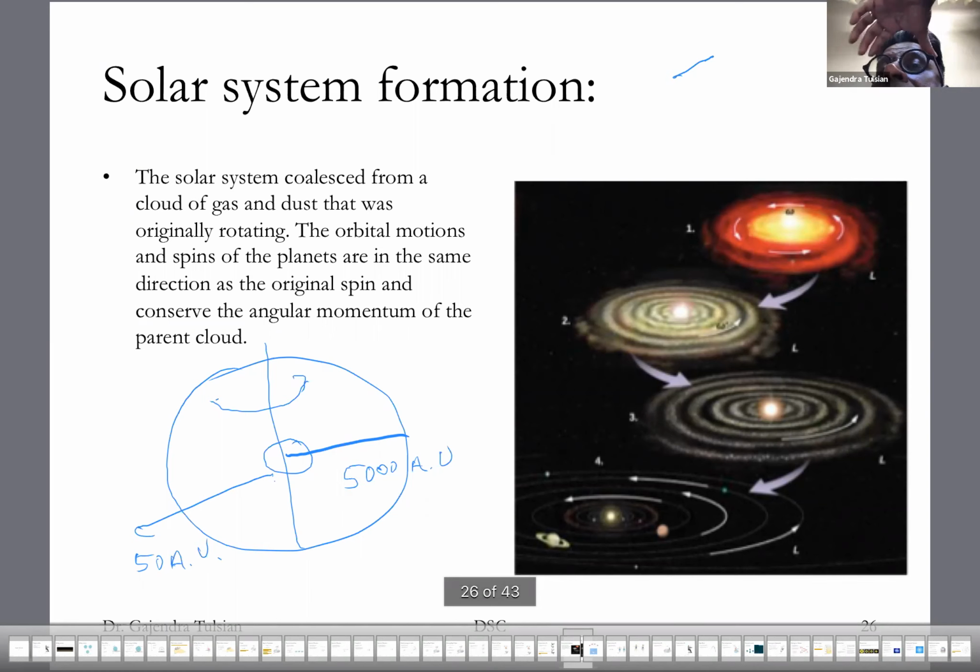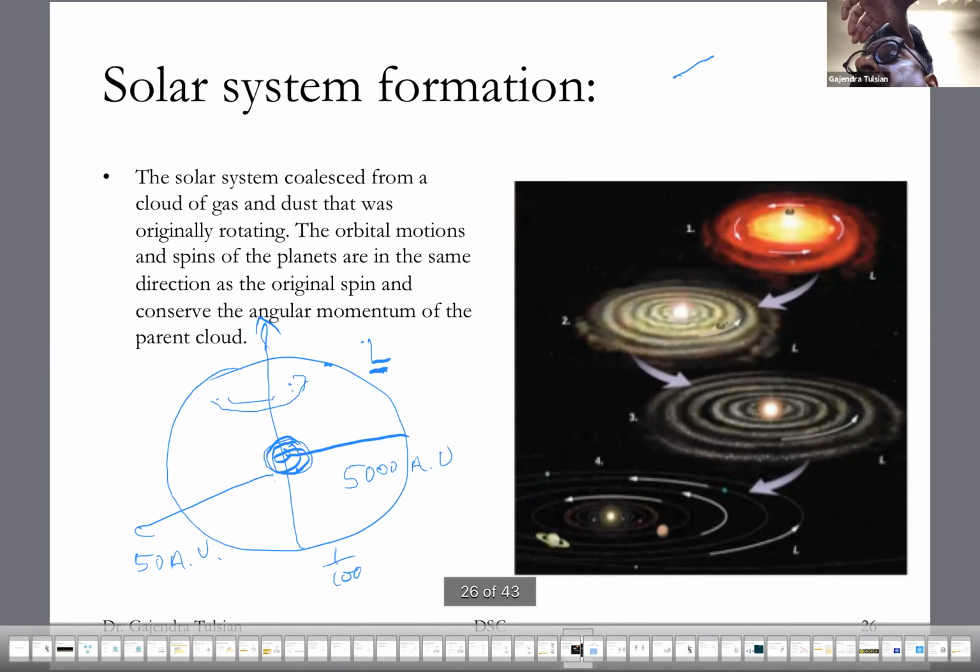So this cloud collapsed into an object about 1/100th its original size. And this started about 5 billion years ago. The initial cloud had an angular momentum. It was spinning, and the angular momentum was in that direction. So the final product, which is the solar system, has the same angular momentum because there's no external torque acting on this.